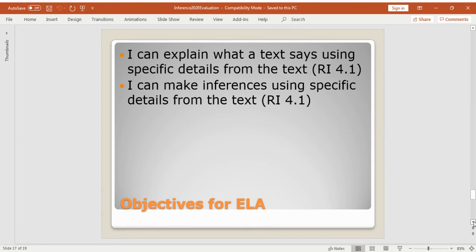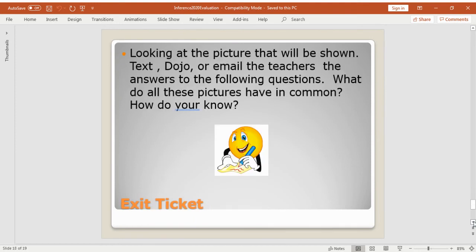Now, as your exit ticket, you are going to have the opportunity to draw an inference on your own. Let's look at what your exit ticket says. Looking at the picture that will be shown, text, Dojo, or email the teacher the answer to the following question.